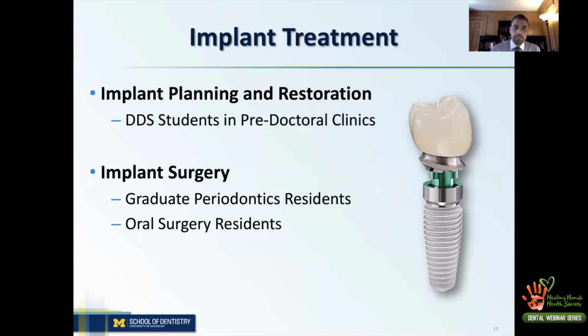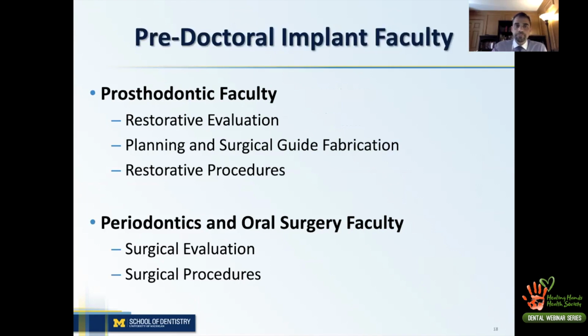And the way it's been divided is that the patient has a registration number when they become patients at the school. The patients with even numbers go to periodontics, patients with odd numbers go to oral surgery. That way, you know, everyone is getting fair share of this type of treatment.